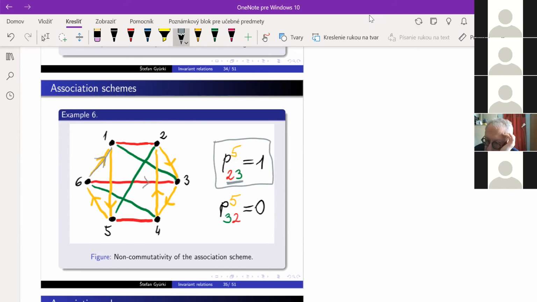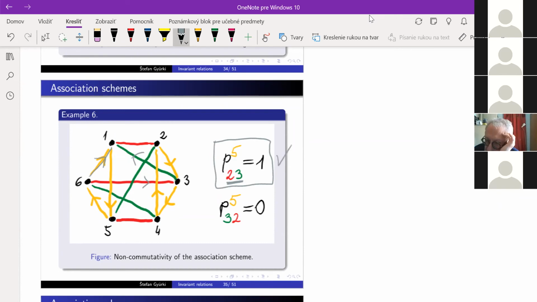So here I have one such triangle, and there are no others because there is no other red dart going out from the vertex 6.